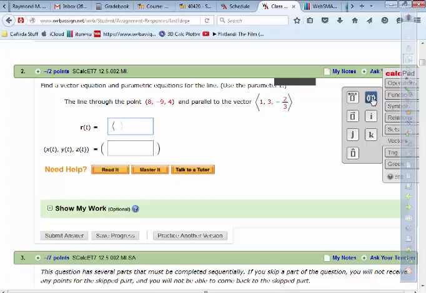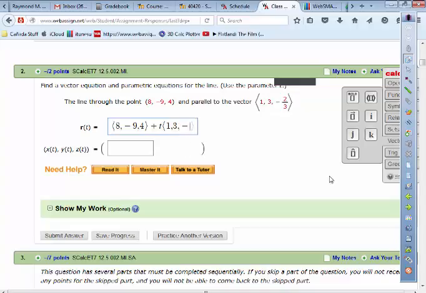So it's 8, -9, 4. How do you close this off? Oh, there we go. t times another vector, and this vector is a direction vector: 1, 3, -2/3.